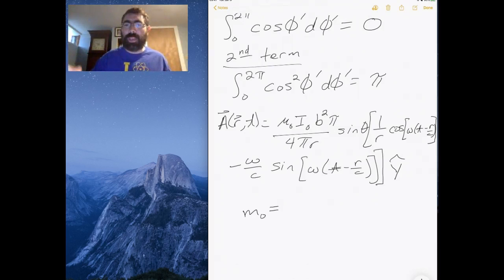The m0 is pi b squared I, so I can put in the magnetic moment.